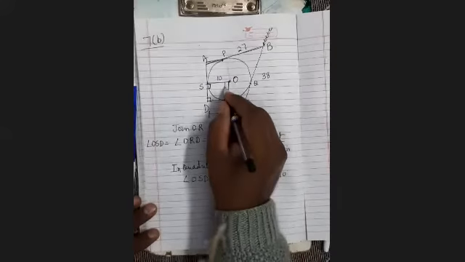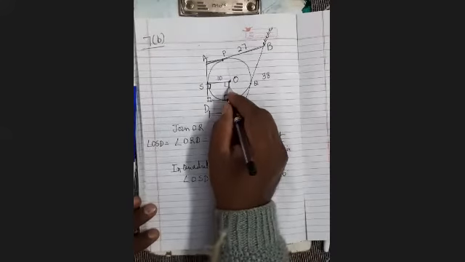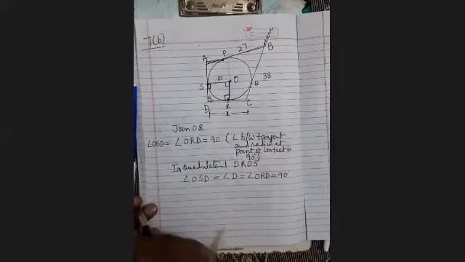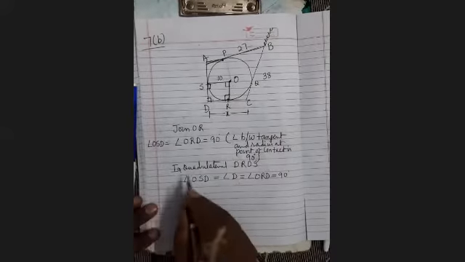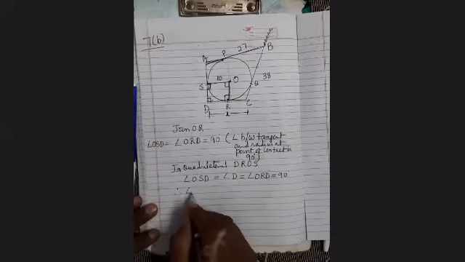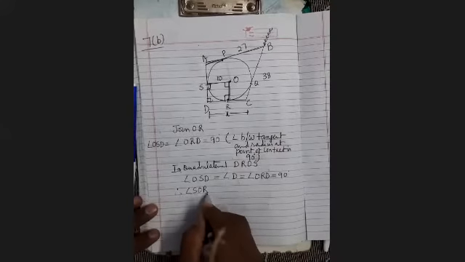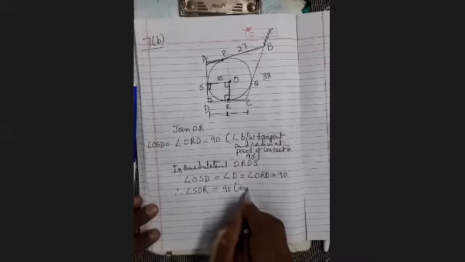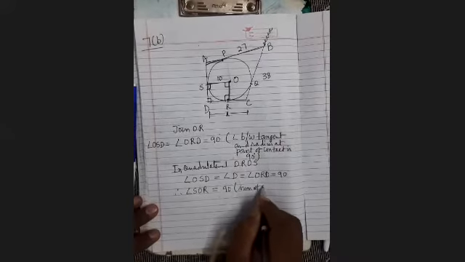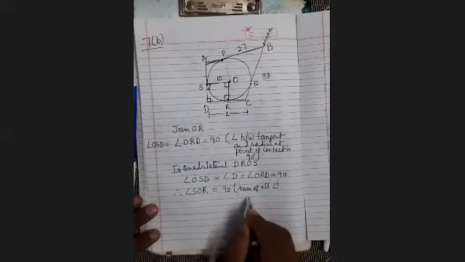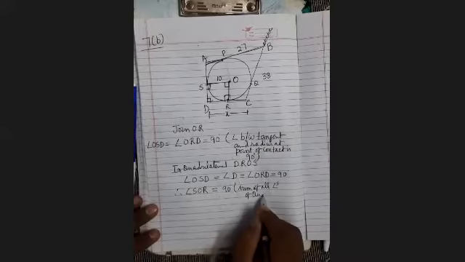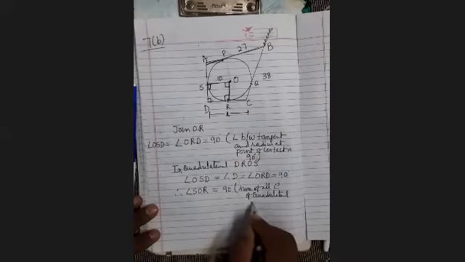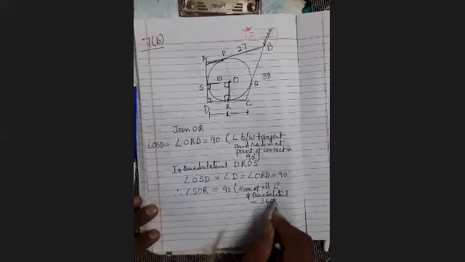Therefore fourth भी 90 हो जाएगा. क्यों? Sum of all the angles of quadrilateral is 4 into 90, 360 degree. Therefore angle SOR equals to 90 degree. क्यों? Sum of all angles of quadrilateral equals to 360 degree.